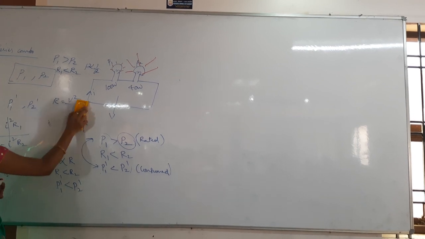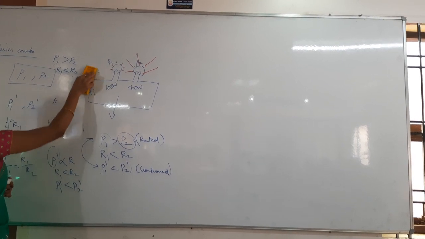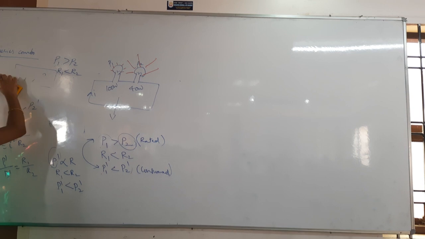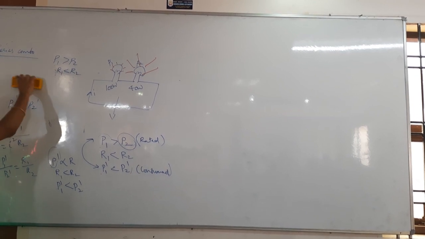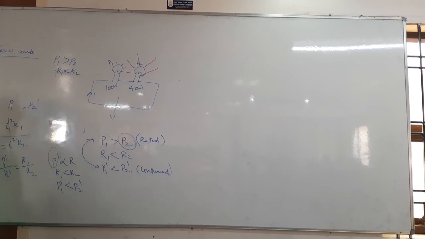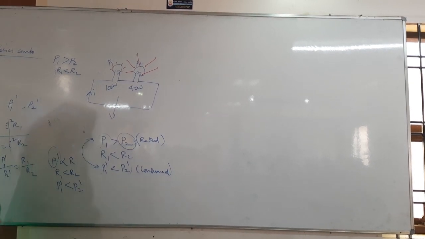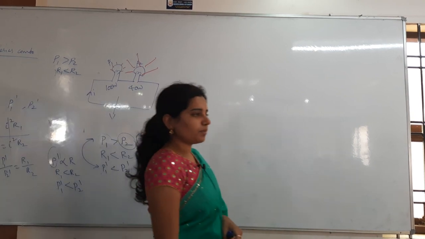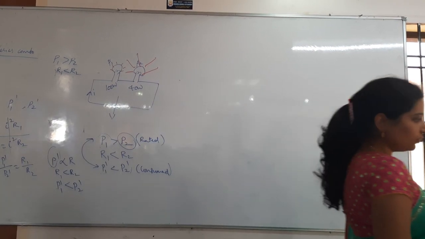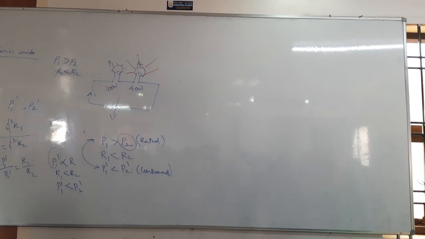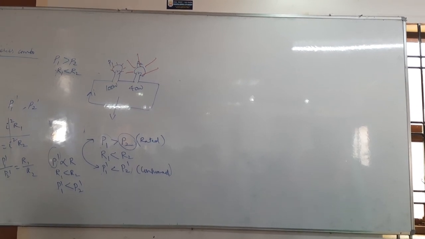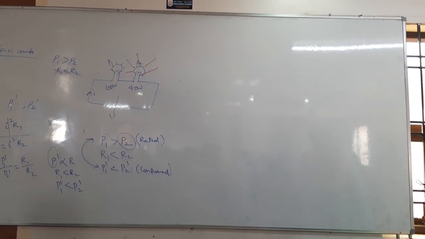P1, P2 are the rated powers, comma, P1 dash and P2 dash are consumed powers.